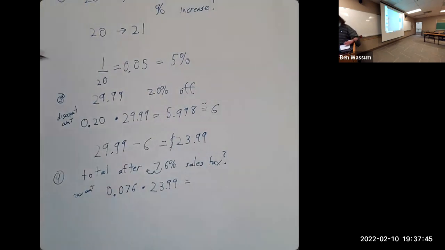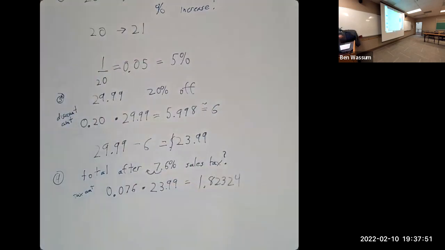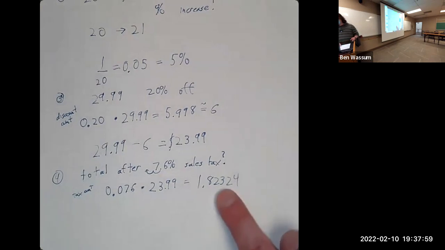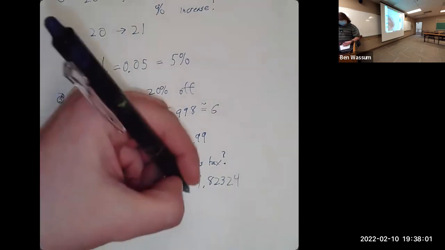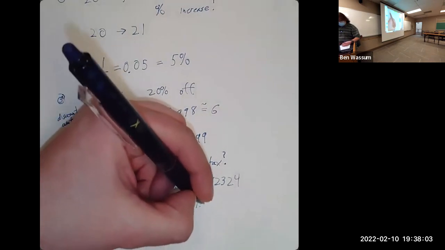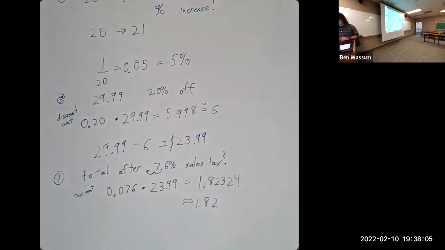All right. So I get 1.82324, blah, blah, blah. It goes on forever, right? I actually think it just ends there, but whatever. Remember, this is a dollar amount. So we're going to round this to the nearest penny.